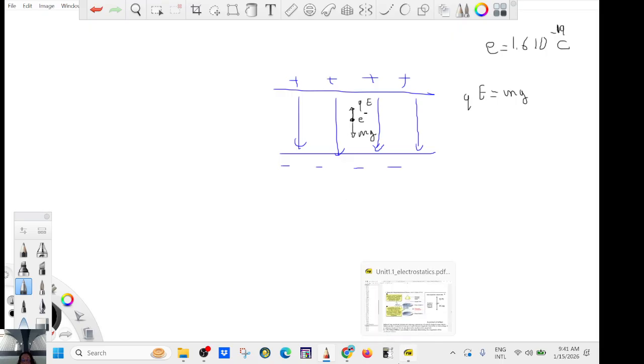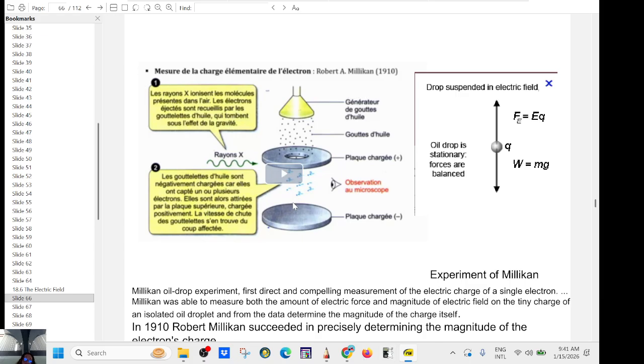It was in equilibrium. Maybe not moving, but it reached its terminal speed, so up equals down. Okay, so 1910s, a lot of discoveries at the time.